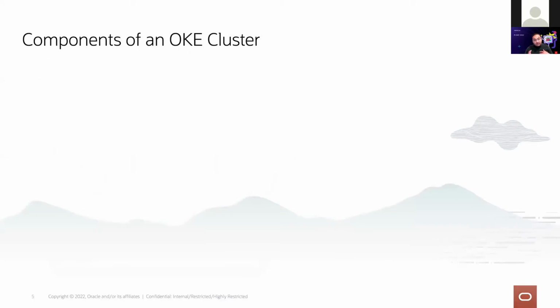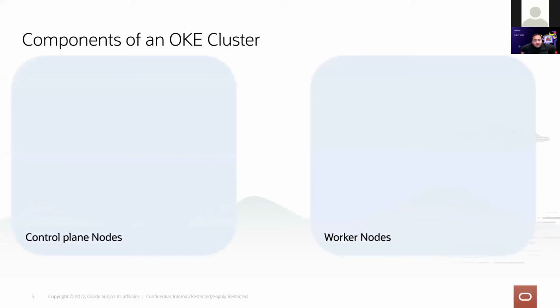So for today's workshop, we're going to work on OKE. So I'm going to give you a really quick overview about OKE itself. Like any managed Kubernetes platform, OKE has two broad sets of components, the control plane and the worker nodes, right? The control plane runs all the management components inside Kubernetes.